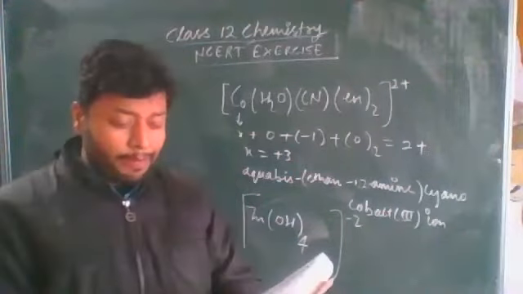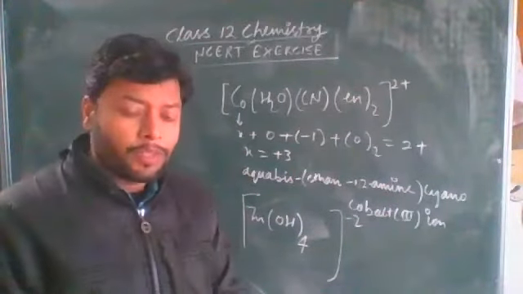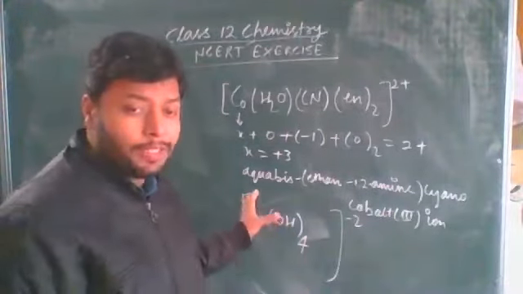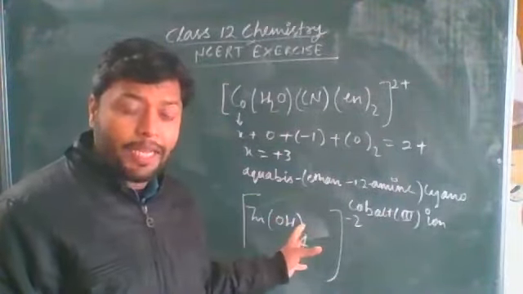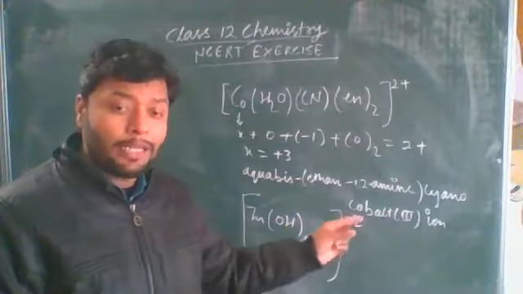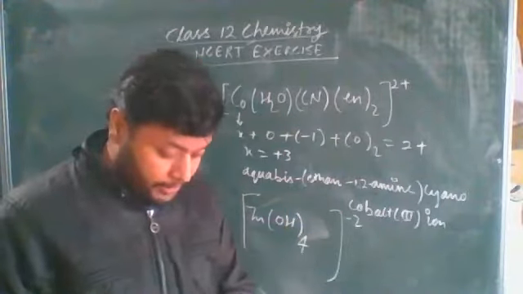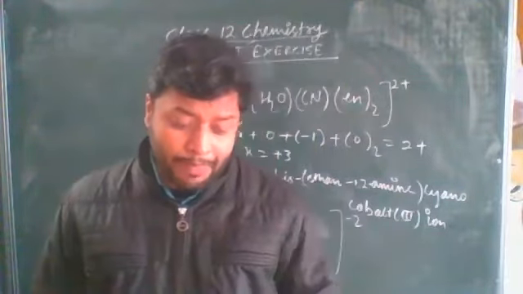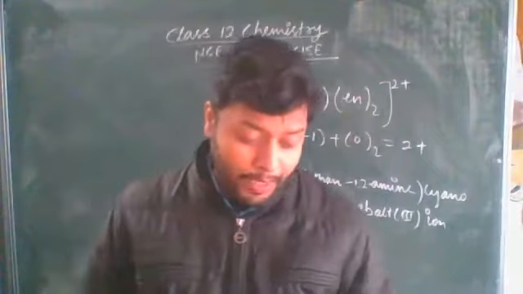So the oxidation state is given here, zincate(II). On the basis of IUPAC norms, you first write the metal name, then the ligand name with the number of ligands, and the charge present on the complex. In the same way, you can write the formula for any of them.